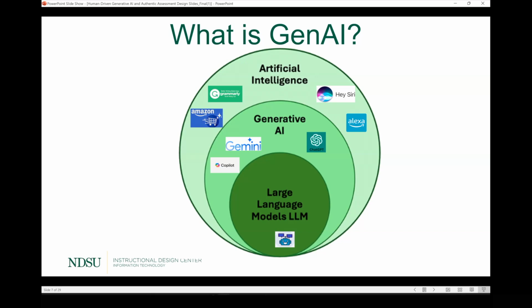Alexa and Siri existed before ChatGPT, right? But what was different with ChatGPT and generative AI was that you can type in some text and it can respond to you in a conversational manner. And that was huge. That was mind-blowing. We had never seen that before.